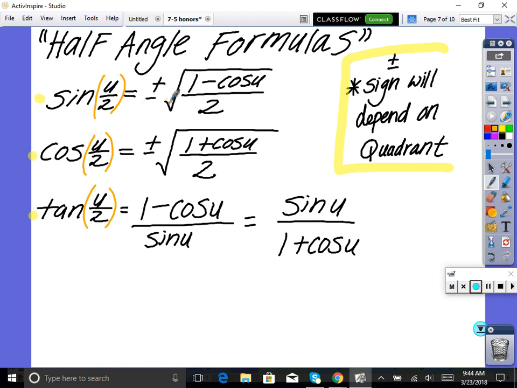It's either plus or minus depending on the quadrant that your original angle is in. Notice with sine it's negative, with cosine it's plus, and then tangent could be either of these. It does not matter which one you use; you would use whichever one will help you better for the problem.